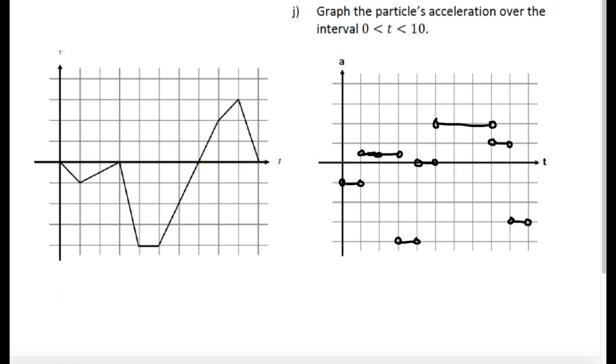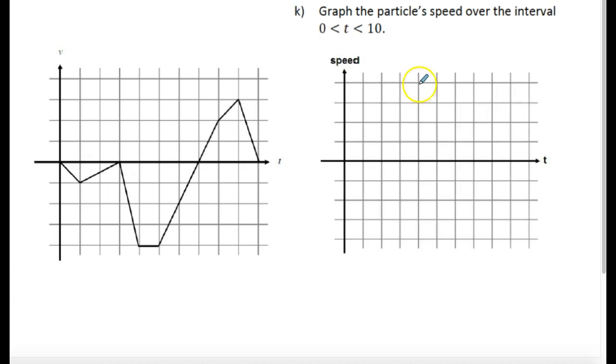All right. Now, let's graph the speed. Remember, speed is the absolute value of velocity. So wherever I've got a negative value here, I want to make it positive. So what my speed is going to look like, I'm just taking any negative parts and flipping them over the x-axis.